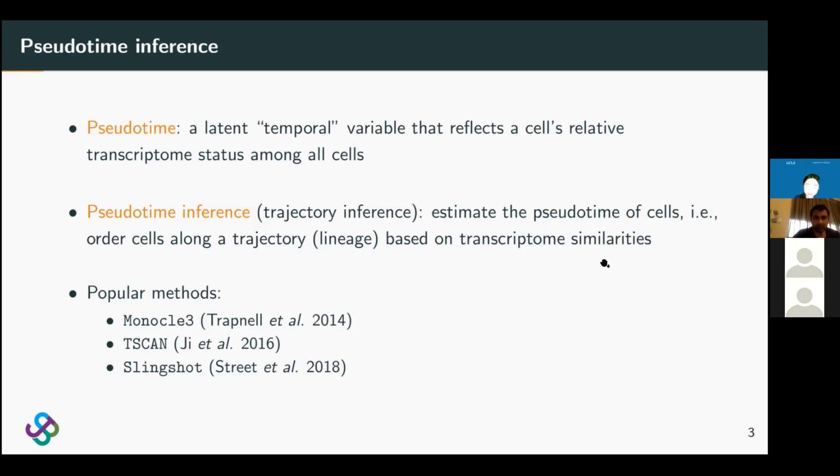Of course, it may infer that there are multiple lineages, but within each lineage, cells in that lineage will receive a time, and that's called pseudotime. And like I said, it's usually normalized to 0 to 1. There are several popular methods for pseudotime inference, including Monocle 3, TSCAN, and Slingshot.